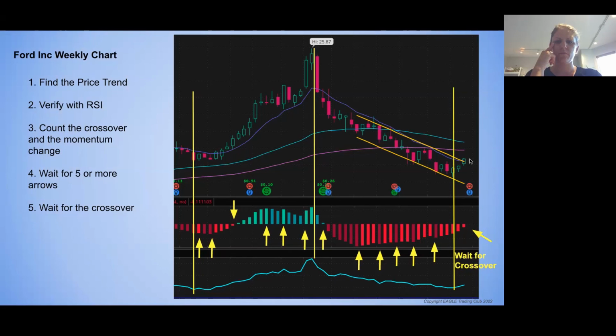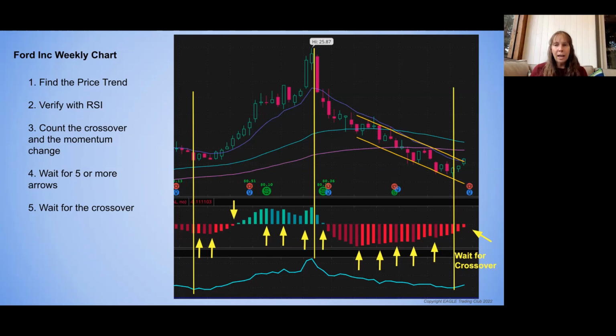So is this a good time to buy, Andy? Well, I'd wait and see if it crosses over. I see what you're saying, but if you look at a daily chart, it's going to be a completely different representation. This is a weekly chart.